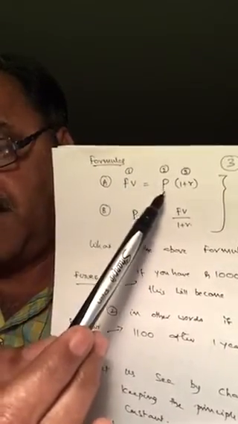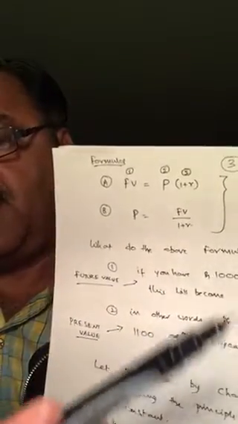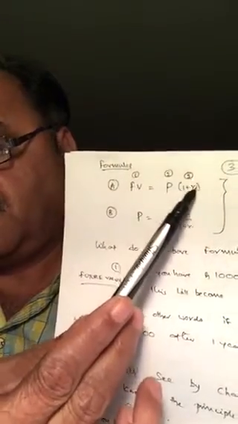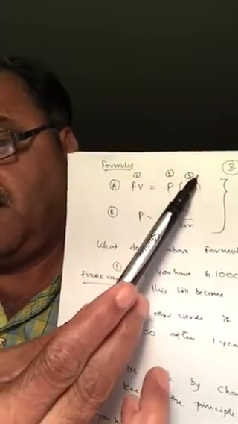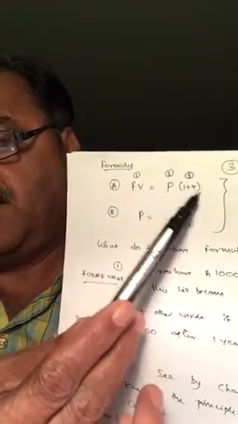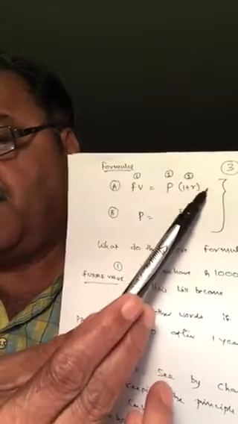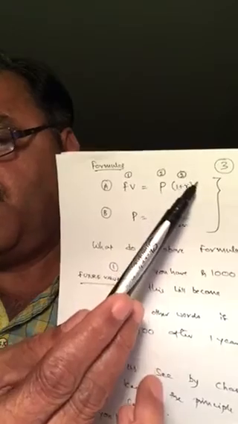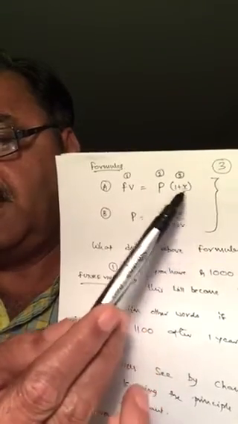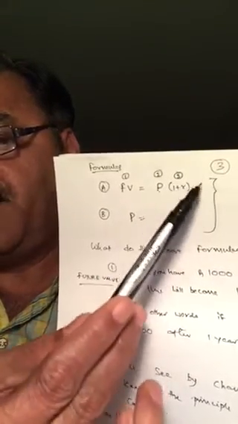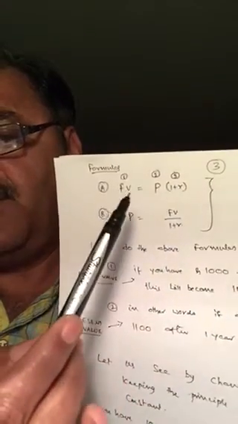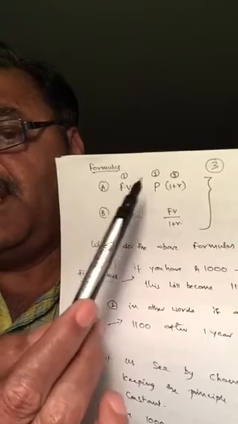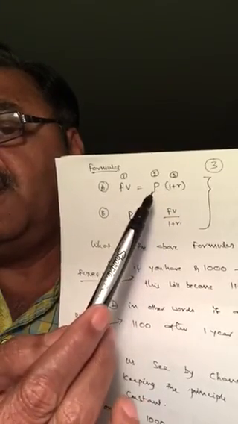Second is the present value, that is the amount I am having. And here is 1 plus the interest rate, and the bracket is raised to the power of T. Here it is only 1 year, let us say, so we have not put the power here. If it is 3 years, it is 1 plus R to the power of 3. When 3 values are given here, if you know any 2 values, you can find out the third value.